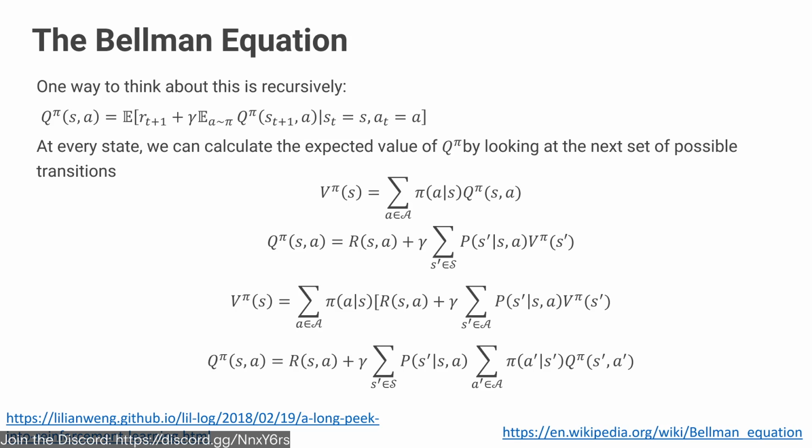So say we take a particular action, we get a particular reward as defined by this reward model R(s,a), and then from that point on, we can be in a variety of different potential states having taken that action. This is the transition model.